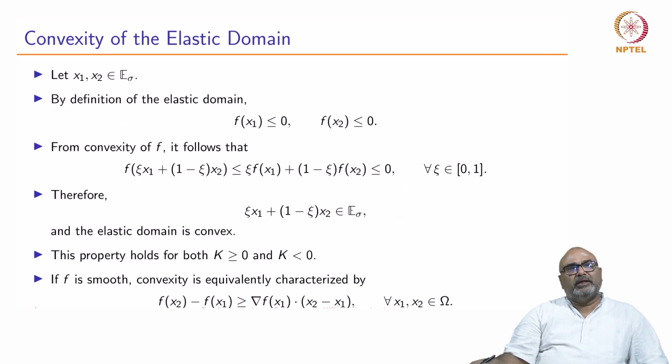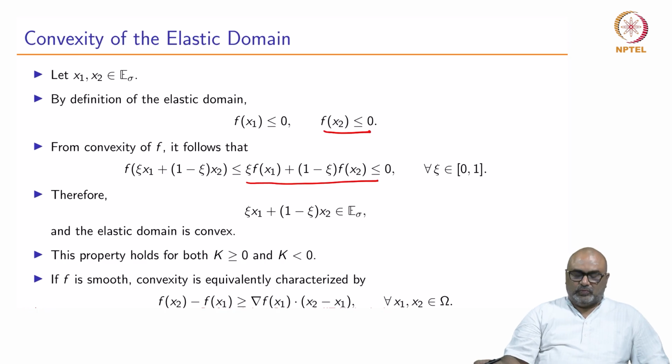So, let x1 and x2 belong to E of sigma. By definition of the elastic domain, f of x1 must be less than or equal to 0 and f of x2 must be less than or equal to 0. From convexity of f, it follows that f of xi times x1 plus 1 minus xi times x2 must be less than or equal to xi times f of x1 plus 1 minus xi times f of x2, which must be less than or equal to 0.